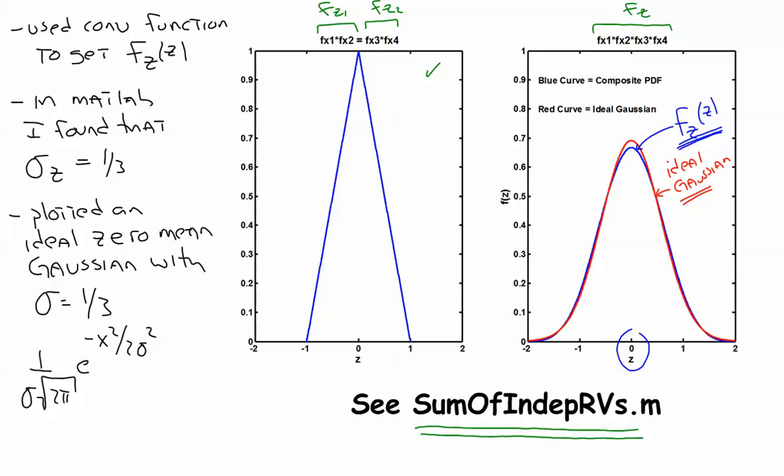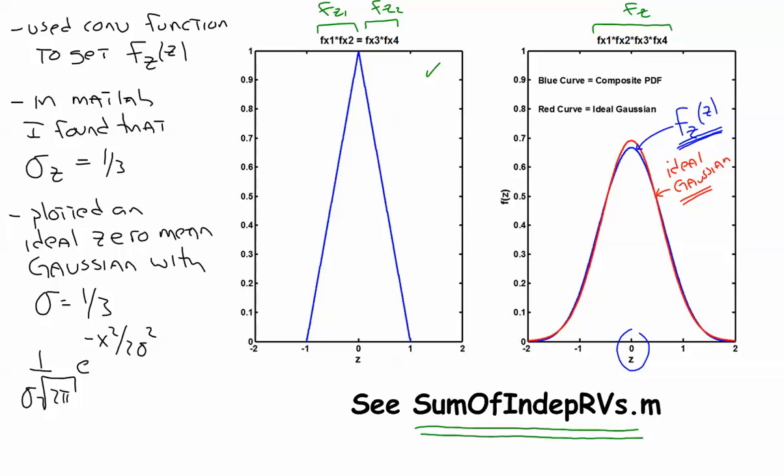Okay. And what we see is I started off with 4 statistically independent uniform random variables. A uniform random variable doesn't look much at all like a Gaussian random variable, but when I convolve only 4 of them together, I get a composite probability density function that is extraordinarily close to an ideal Gaussian. It's not quite perfect, but it's extraordinarily close.